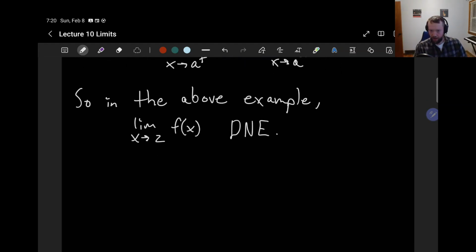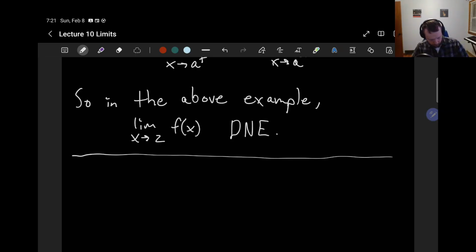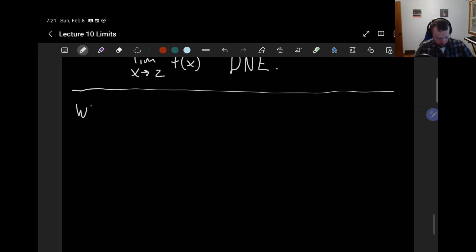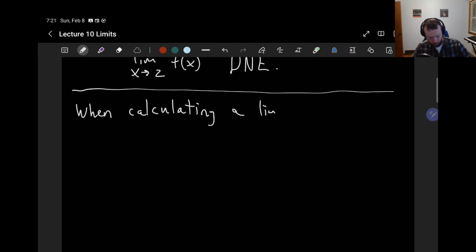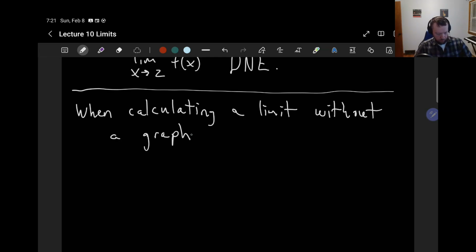Now, what if we do not have a graph? Couple strategies. When calculating a limit without a graph, here's the first thing you should try.